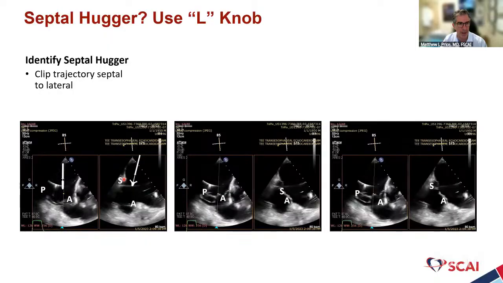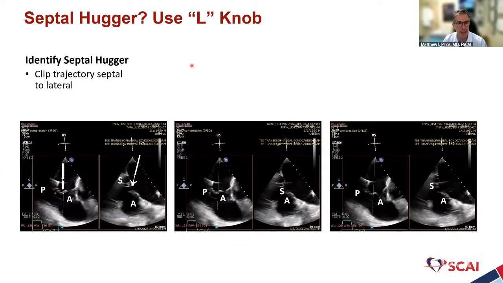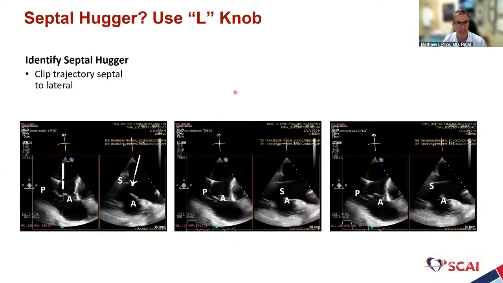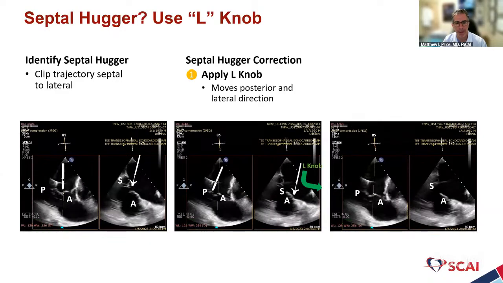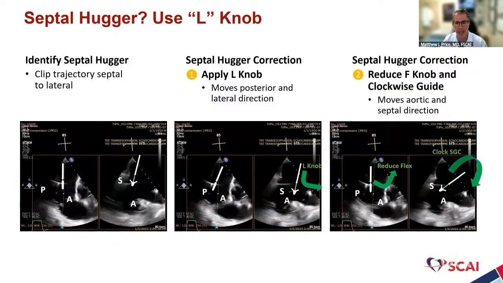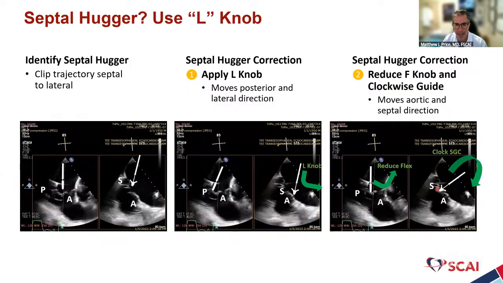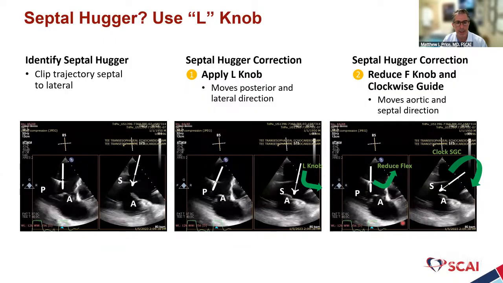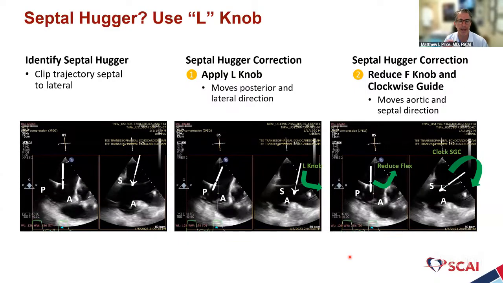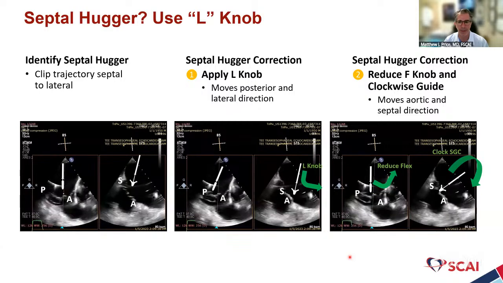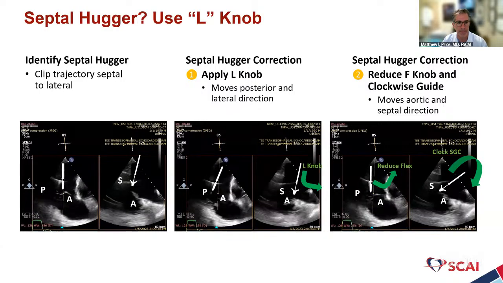This is a septal hugger. This is when we're going to use the L knob, and we would add L knob, and then we would take off a little flex and clockwise rotate, and we'd be straight up and down. This is the trajectory we want. So this L knob is going to be a real unlock for grasping with the TriClip when you have a septal hugger. So please remember that.